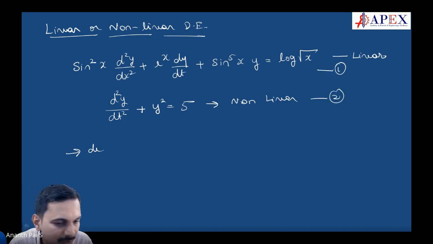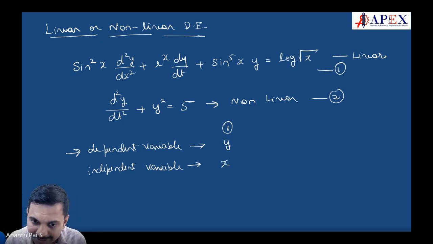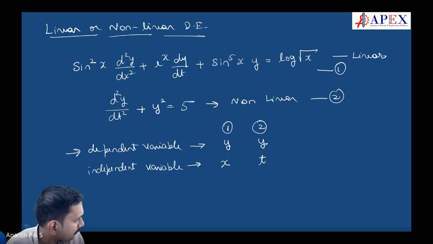Let us say this is equation one and this is equation two. In equation one, the dependent variable is y, the independent variable is x. In equation two, the dependent variable is y, the independent variable is t. Make sense?